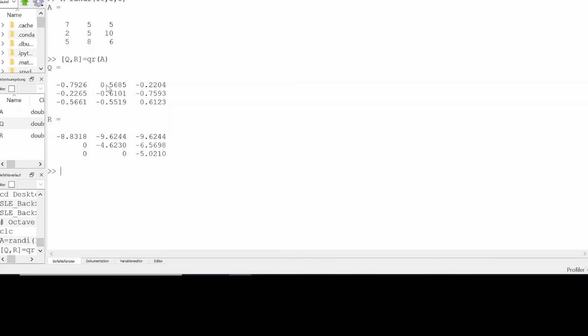And also here, square, square, square, and add. It will be 1. So this is 1. We can do that also with a MATLAB command. Square the entries of the first line, square the entries of the second line, and square the entries of the third line, and add these three numbers, and it will be exactly 1.